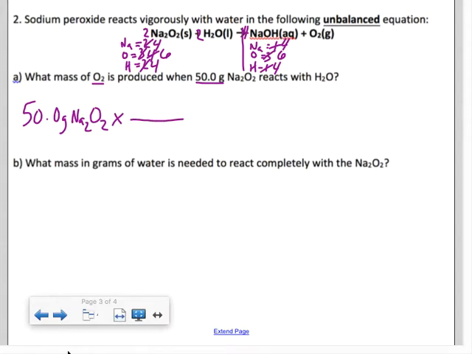I have to get the moles of Na2O2 because the only way to go from one compound to the other is the mole ratio. So I've got to figure out the molar mass of Na2O2. I'm going to do that up here. Na, I have 2 of them, each at 22.99. Oxygen, 2 of them at 15.99.